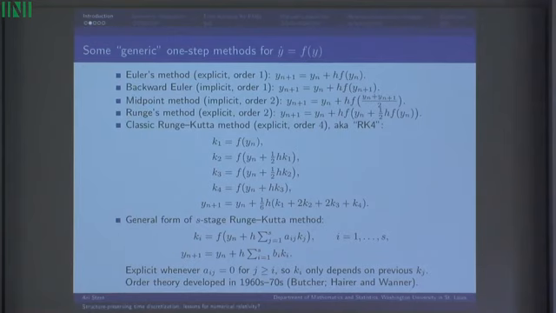And then after we've computed all the stages, we compute yn plus 1 using this formula. All right, so these can be either explicit or implicit. They're explicit precisely when the stages ki only depend on the previous kj. And the order theory for these was really actually developed quite recently in the 1960s and 70s by John Butcher, with important contributions by Ernst Hairer and Gerhard Wanner.